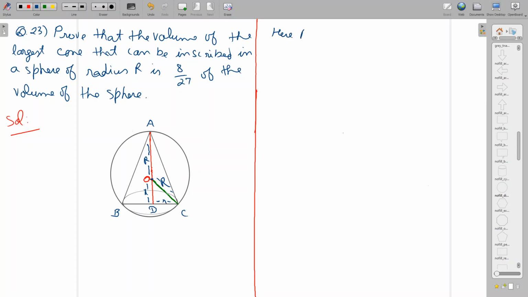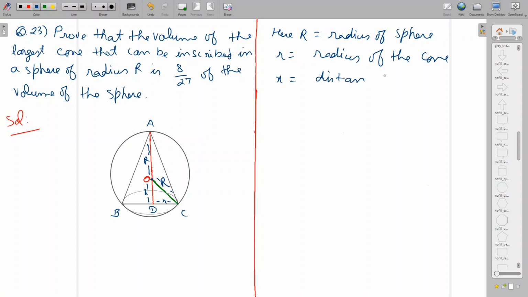Here capital R equal to radius of sphere, and let small r equal to radius of the cone, and let small x equal to distance from the center of the sphere to the base of the cone.